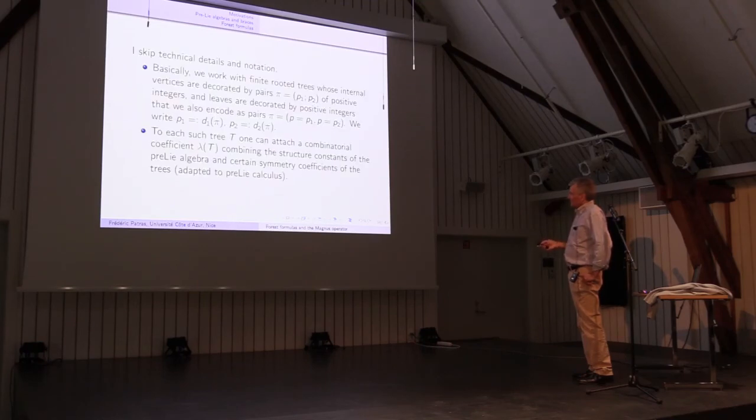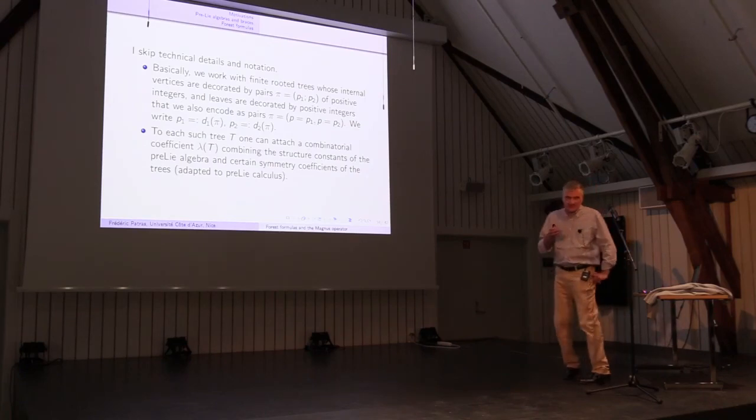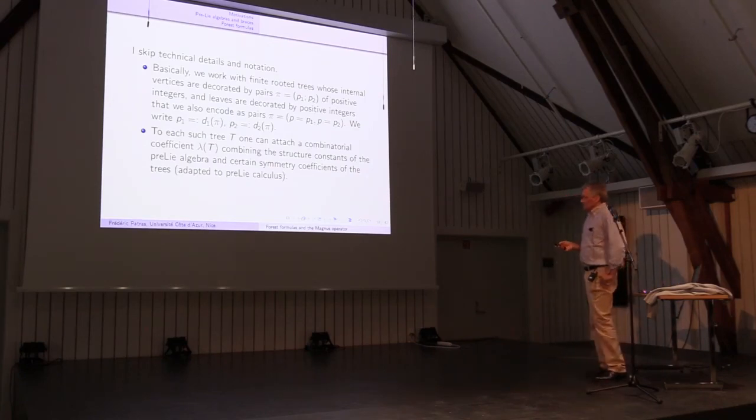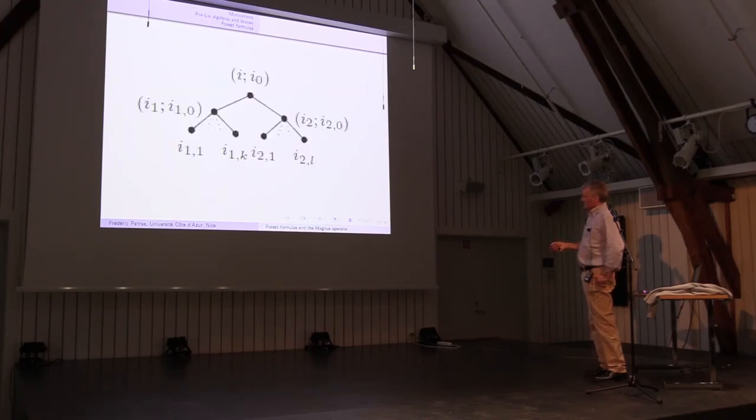And in general, when iterating in all possible ways coproducts, I will get terms associated to trees decorated by pairs of positive integers corresponding to the iterative applications of the coproducts, and leaves decorated also by pairs, because for consistency I'm choosing to duplicate the integers appearing in the recursive formulas.